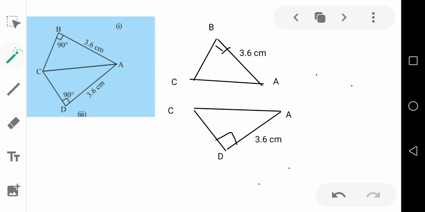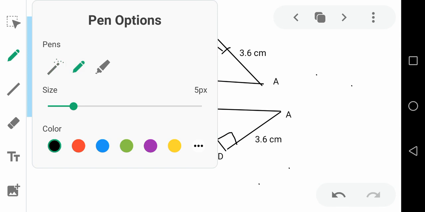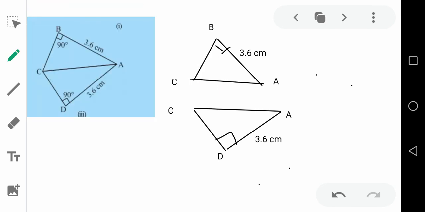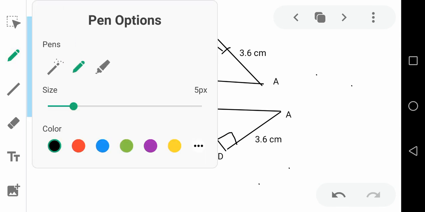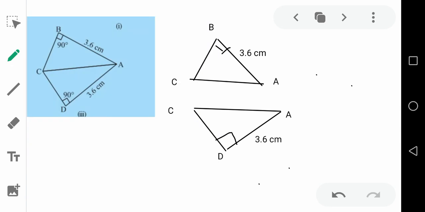Now I will do this problem. Okay, listen. So which triangle are we talking about? It is this triangle, which I have drawn here. That is CBA or ABC, whichever you want you can call, and that has a 90 degree angle, right? Here it is 90 degree, so it is a right angle triangle.